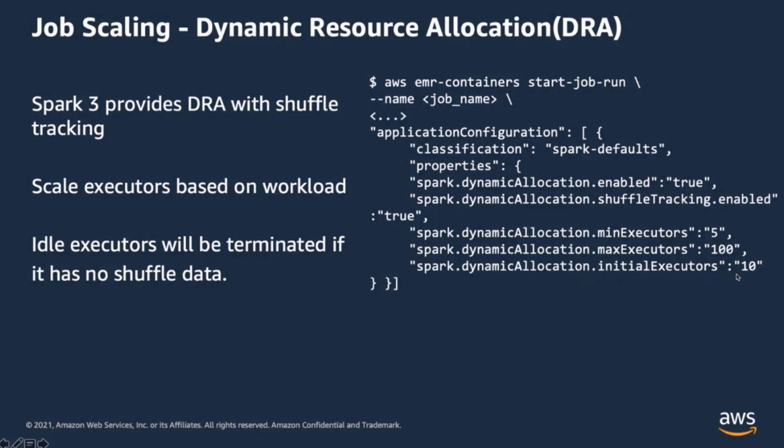So when the job starts, it starts with 10 executors, and then it can scale up to a maximum of 100 depending upon the number of pending tasks. Once there are no pending tasks and your executors are idle, after a configurable amount of idle time, the driver can terminate the executors, provided the executors don't have any shuffle data.